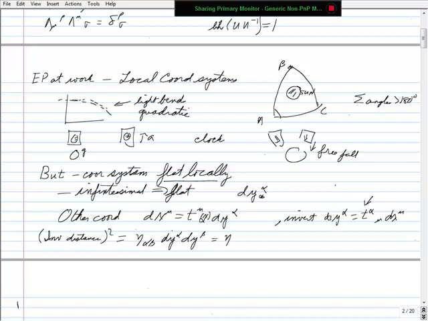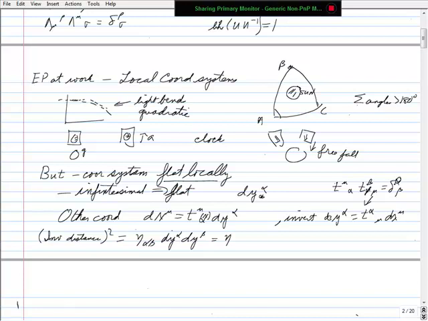Let's see, I'll write it up here. Sorry, I should have left more room. T mu alpha T beta nu, where beta is up here, mu is down there, is delta alpha beta.